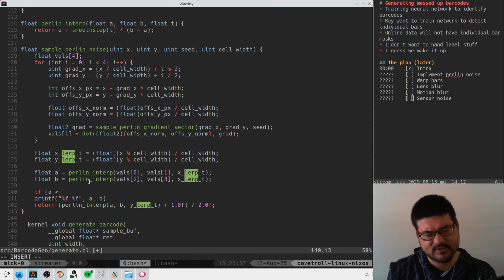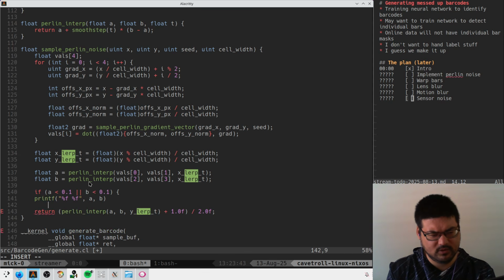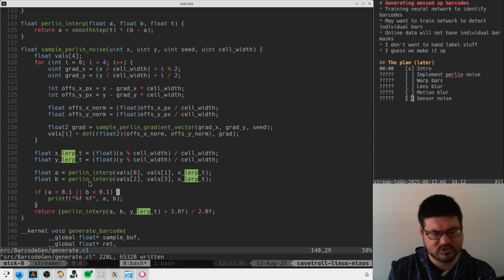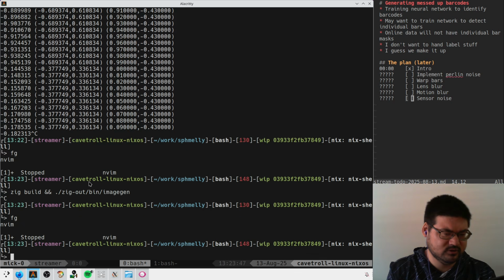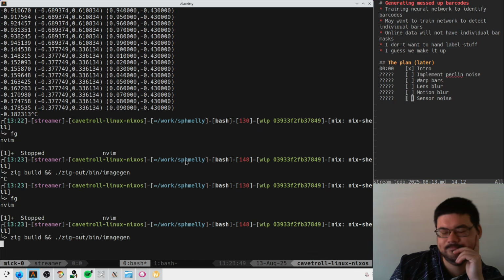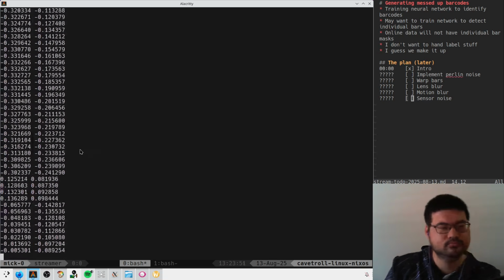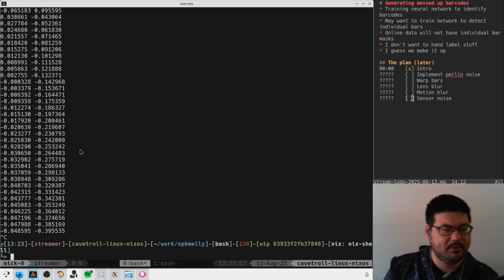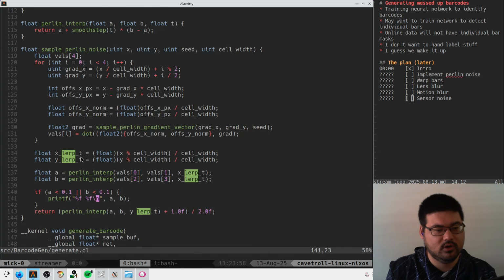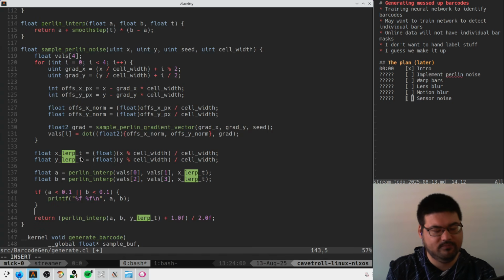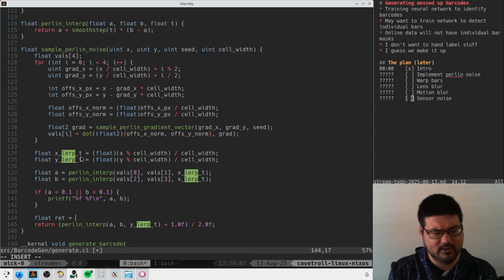If A is less than 0.1 or B is less than 0.1, can we just printf that something happened? Okay, I mean, that is happening. They are getting very small. And can we say if, you know, float ret is this?